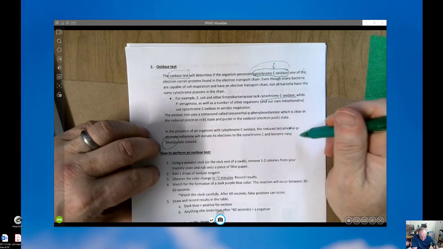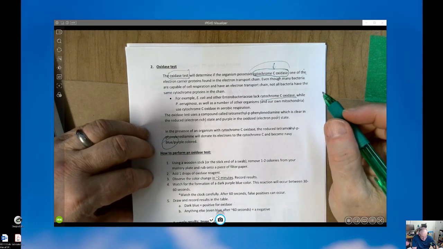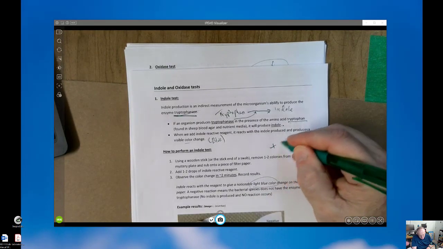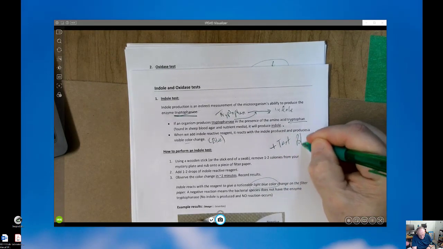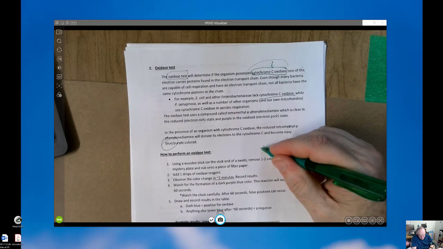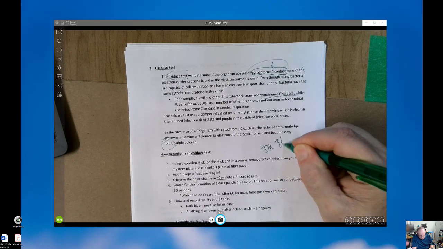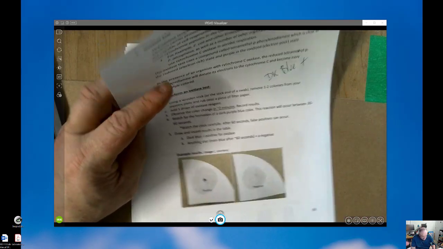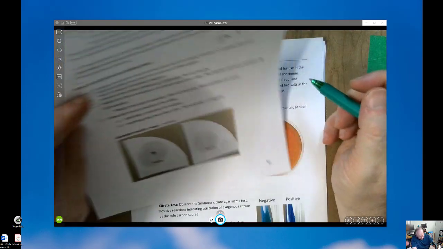It's a dark blue, but it's still blue. So the indole positive test is blue, and the oxidase positive test is a dark blue, but still blue, and it's positive. And that's a good way to remember it. You can see it on the handout there.